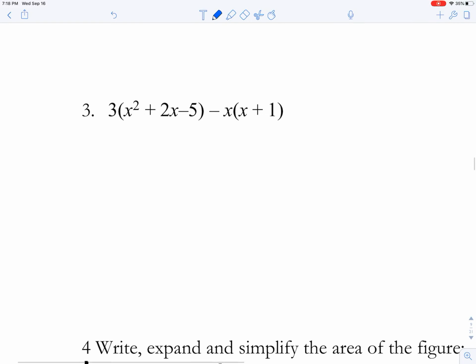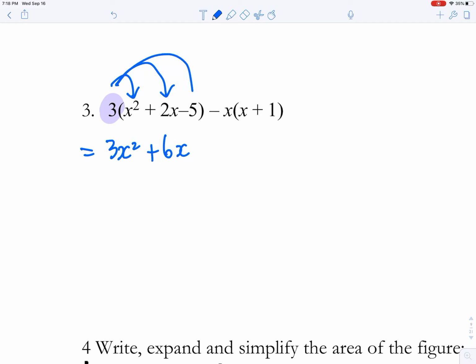Question 3. They've made that first bracket a little bit longer, but it's going to be the same thing. I'm going to distribute the 3 onto x squared, so 3x squared, onto the 2x gives me plus 6x. 3 onto minus 5 gives me minus 15. Next, we'll distribute the minus x onto x, so minus x squared.